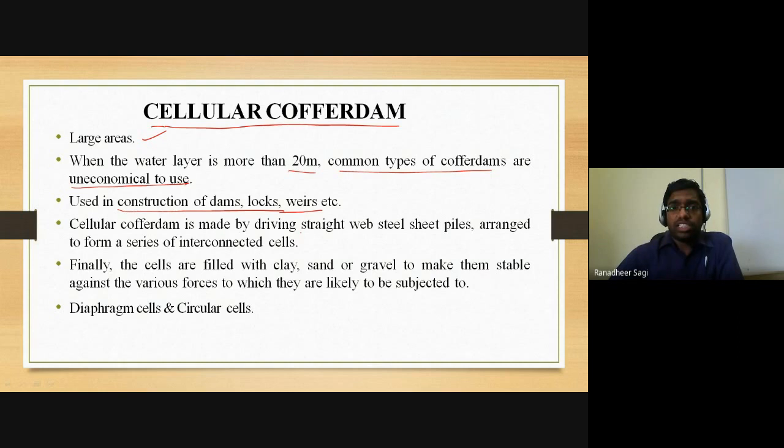A cellular cofferdam is made by driving straight web steel sheet piles. Web steel sheet piles, in the sense that they have cross sections like this.